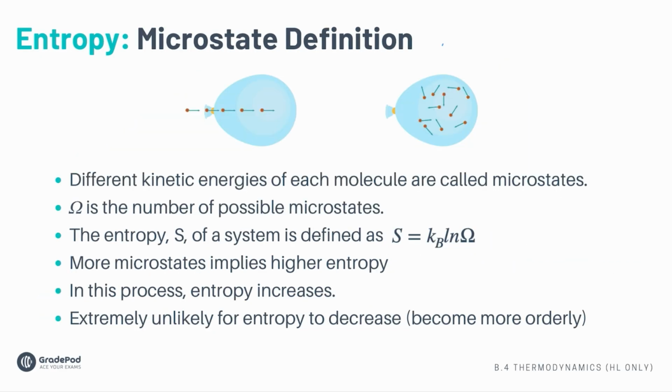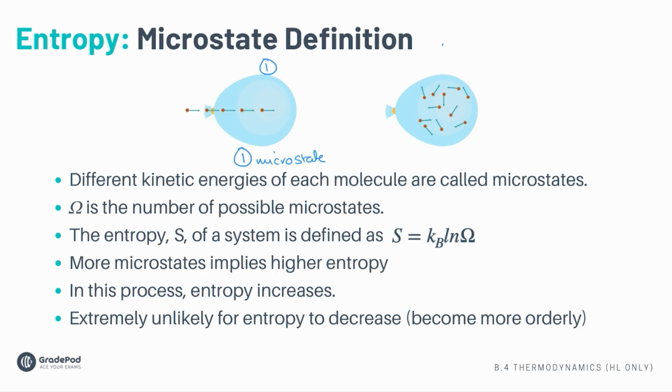And it's this concept of order that brings us to the definition of entropy using something called microstates. Different kinetic energies of each molecule are called microstates. So in situation 1, there's only one microstate because they've all got the same kinetic energy and they're all moving in the same direction.